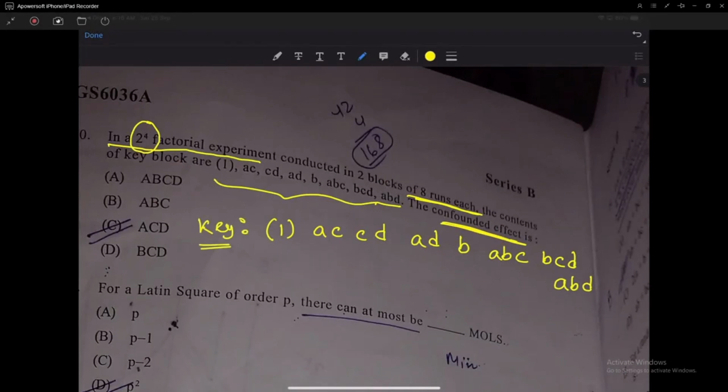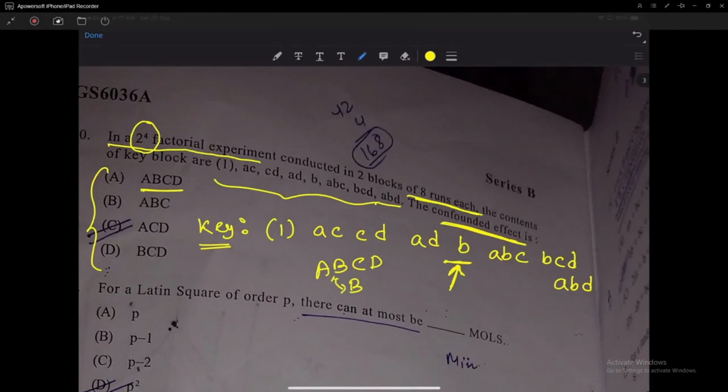Now we just have to check that among these 4 options, which one has an even number of common members with the key block members. So let's start with ABCD. Obviously, ABCD cannot have an even number of common members with B, as ABCD and B have an odd number of common members.